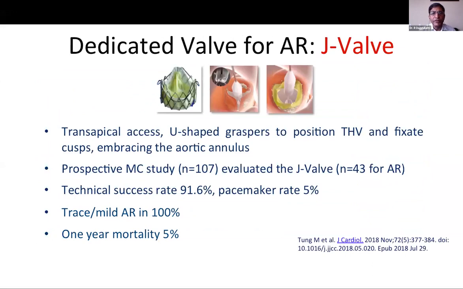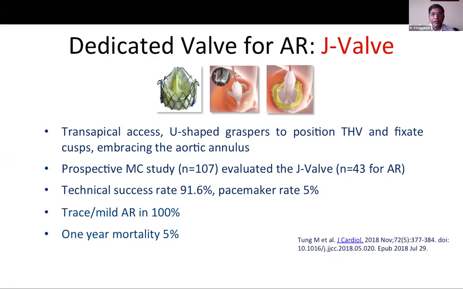The next one is actually a dedicated valve for aortic regurgitation. It is the J-Valve from JC Medical company, and it started off with the transapical access, and obviously all of them try transapical first and then come into transfemoral. It has U-shaped graspers, and as you can see, it has very good graspers on either side of this picture, a soft metal frame, and they fixate the cusps, embracing the aortic annulus.